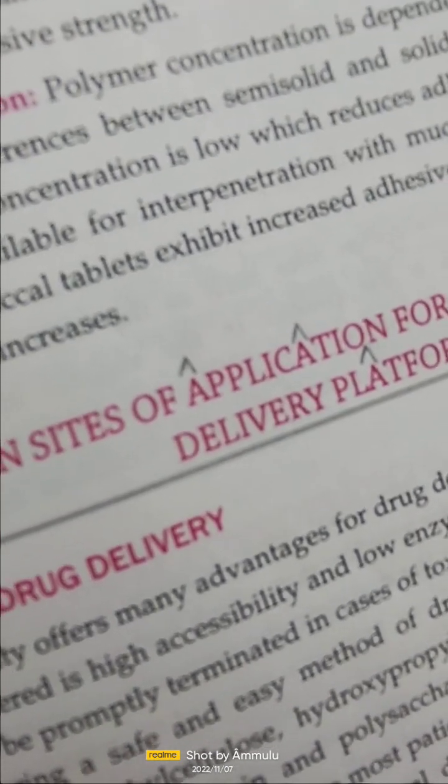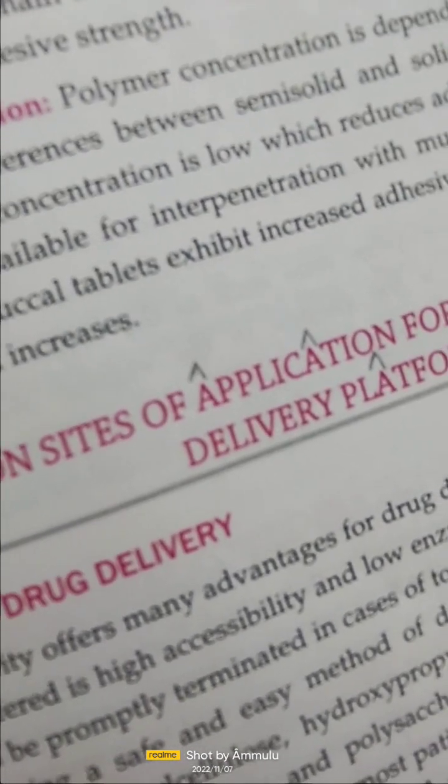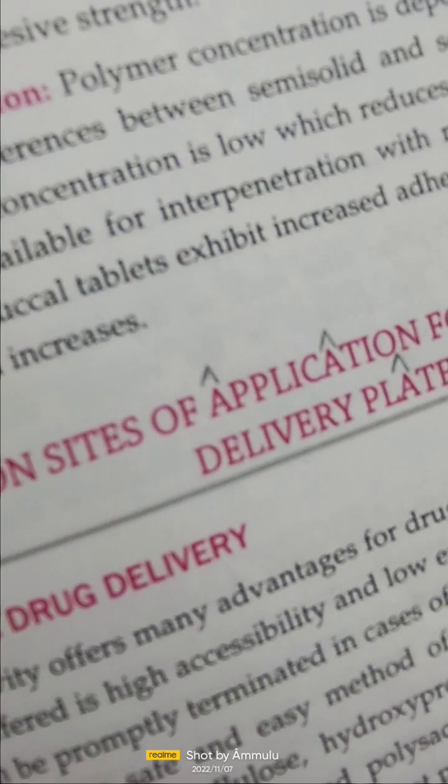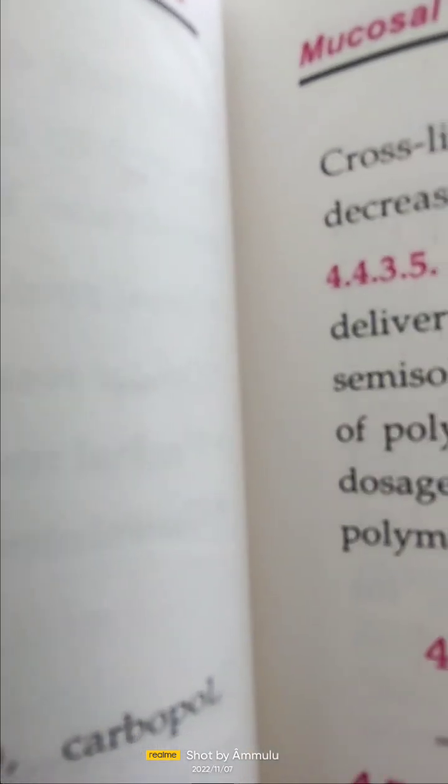These polymer properties are desirable for mucoadhesion: functional group, degree of hydration, chain length, degree of cross-linking, and polymer concentration. These are some properties of the polymers.